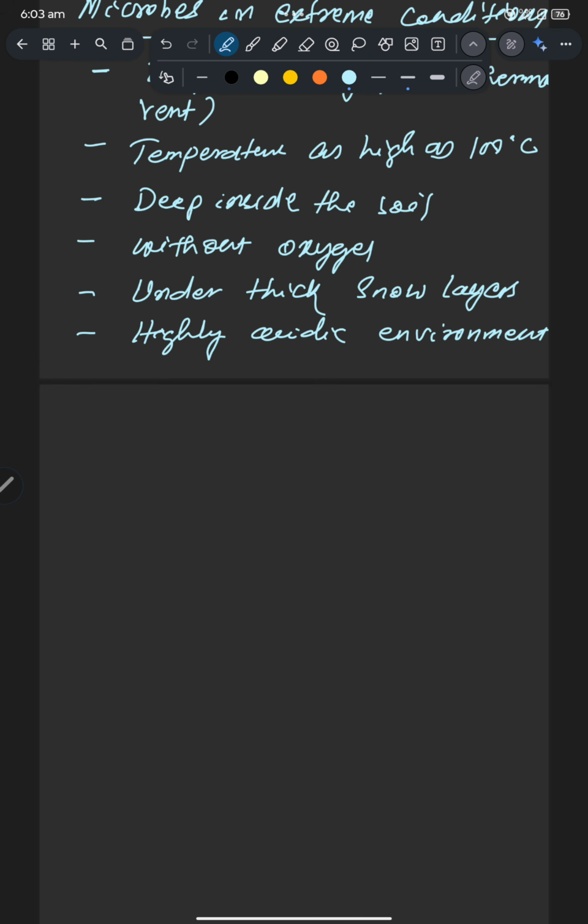Microbes show extraordinary adaptability to extreme environmental conditions. From this, what is the conclusion?